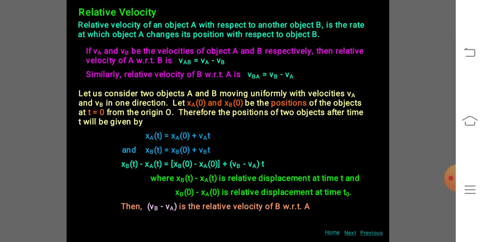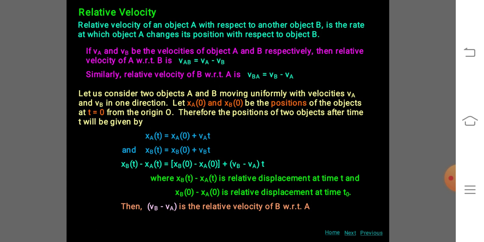VAB = VA − VB is the relative velocity of A with respect to B, and VBA = VB − VA is the relative velocity of B with respect to A, and it is the rate at which object A changes its position with respect to object B.